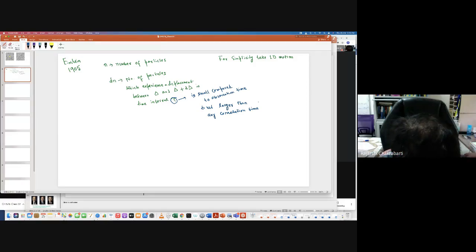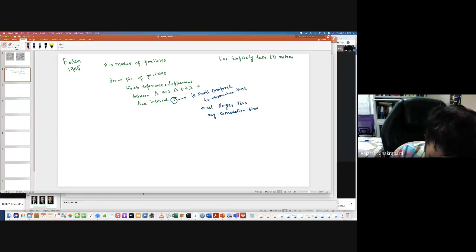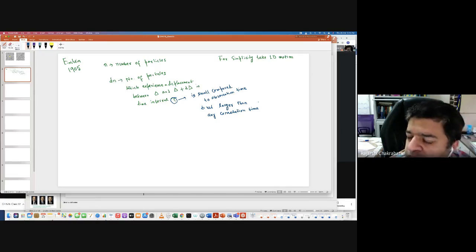What do I mean? For example, if I have many particles moving, even if I follow a single particle, its position at time t and its position at time t plus some delta t, these two positions should be completely independent of each other.